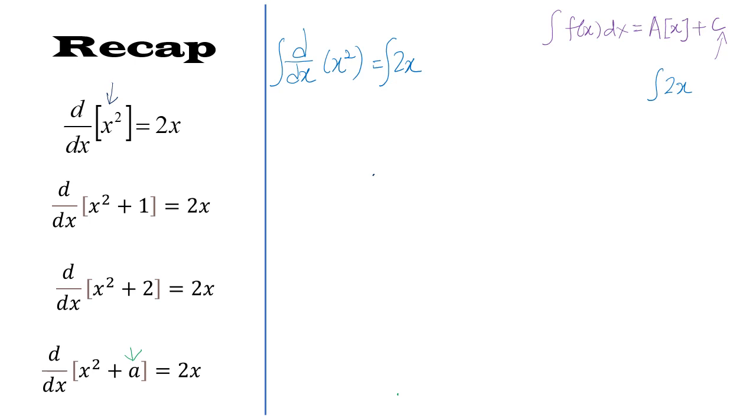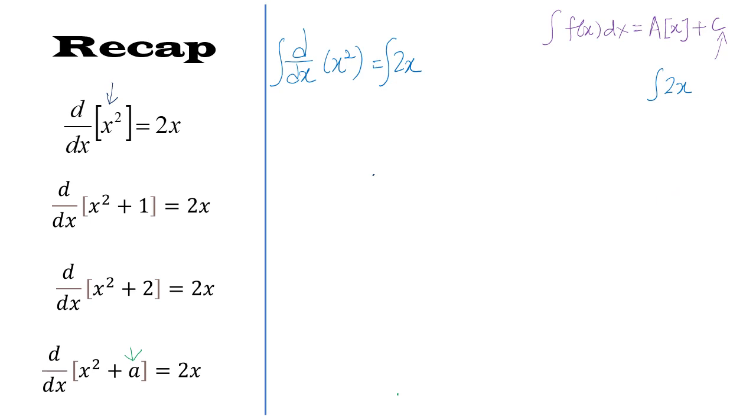Just as when we differentiate a function, we differentiate with respect to a variable. For example, if you have y equals something in terms of x, then when we differentiate it, we get dy over dx. That means you're differentiating y with respect to x.